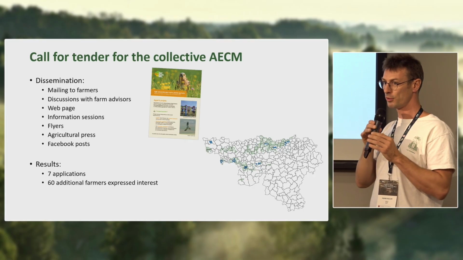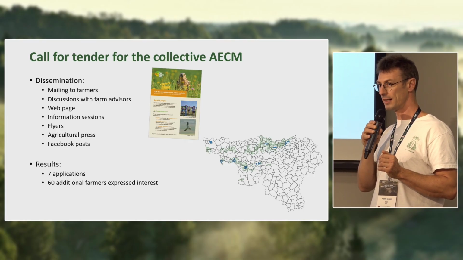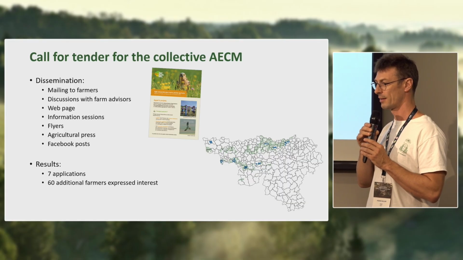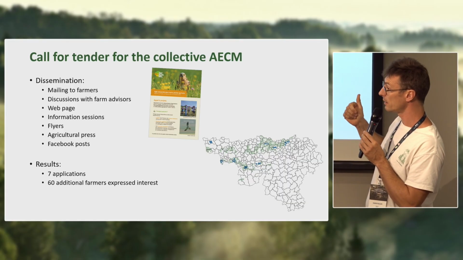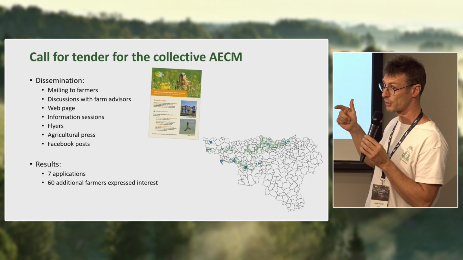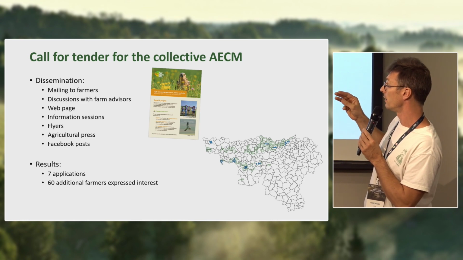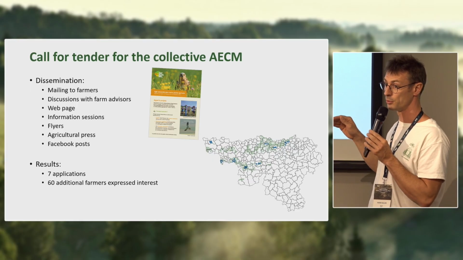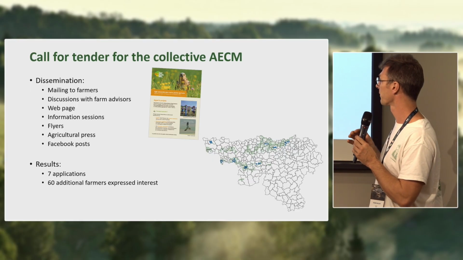I had no feedback from farmers who contacted us because of these 3 systems. So mailing to all farmers and talking with the farm advisor worked really well, and sending flyers, writing articles in the agricultural press, and making posts on Facebook didn't work in our case.